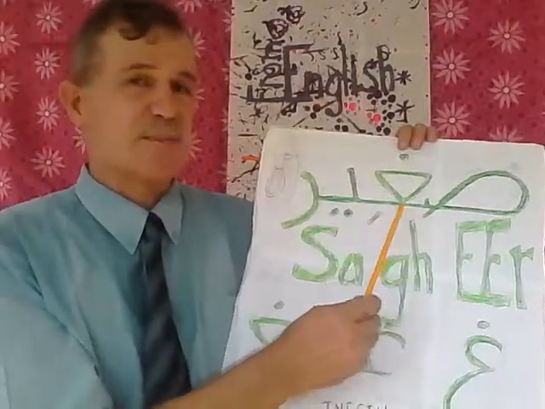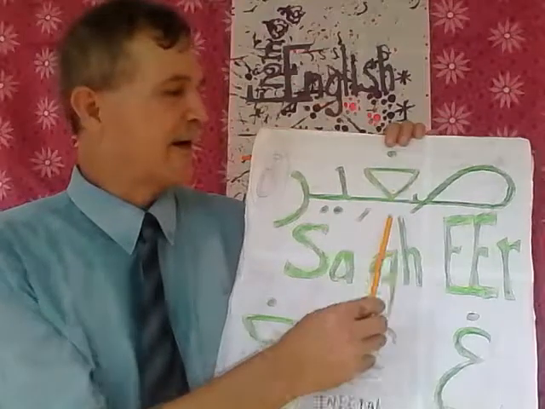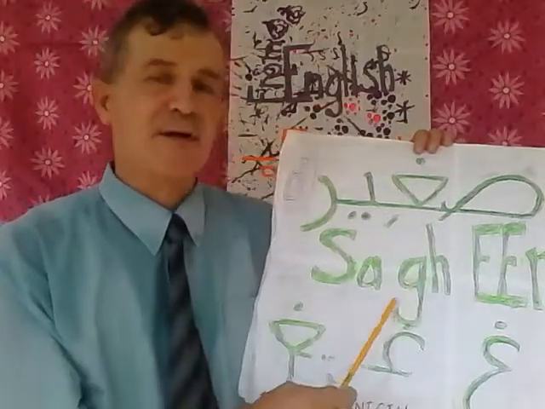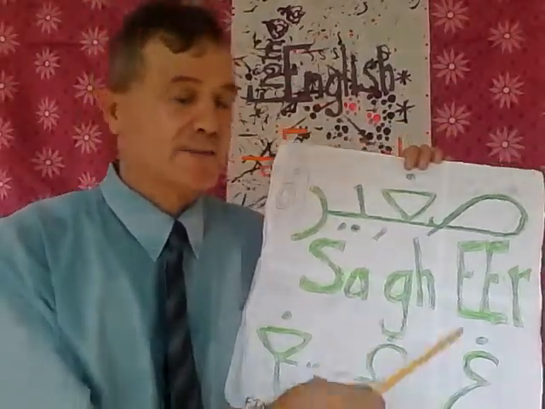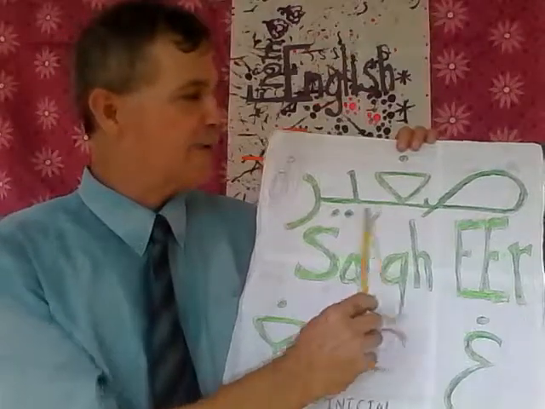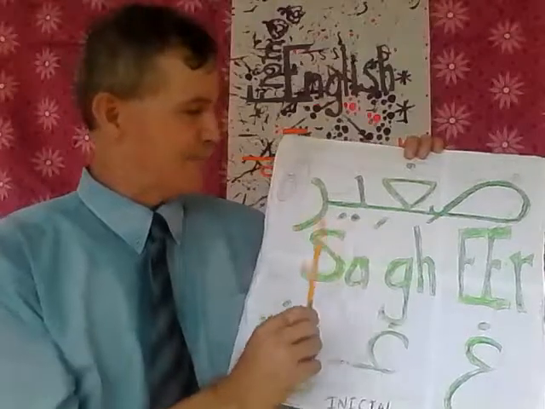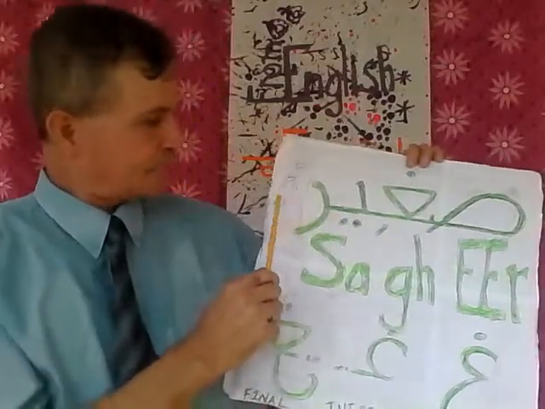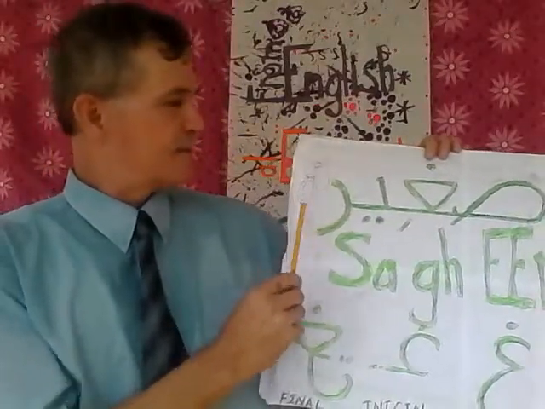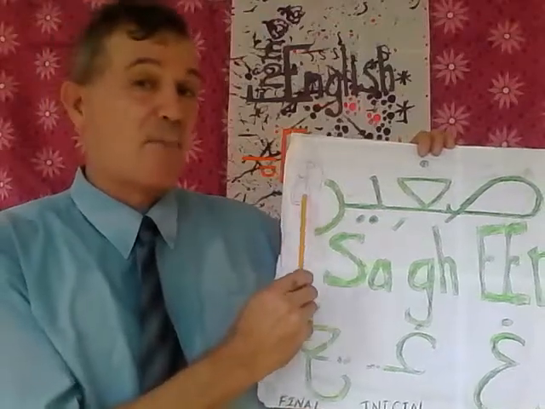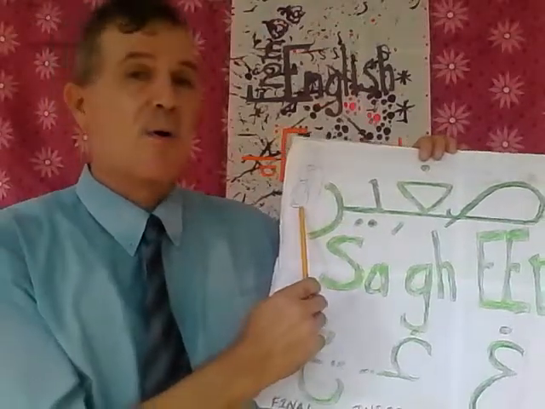And this letter, which was a personal challenge for me, is ghayn. People say it sounds like the French R, and that's a great place to start. The gargle reflex too.